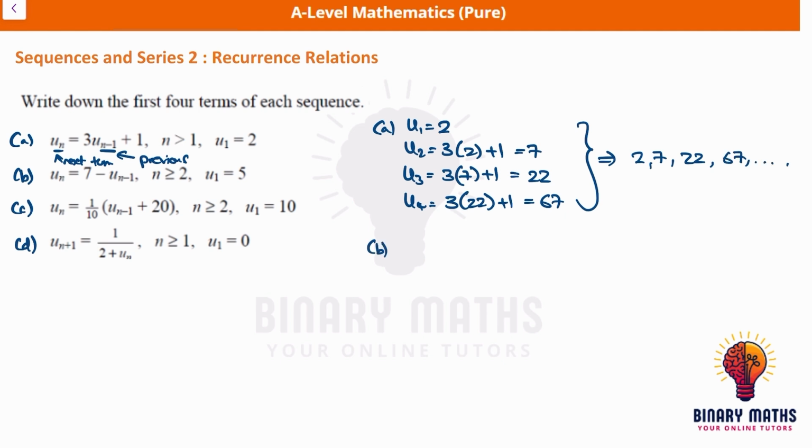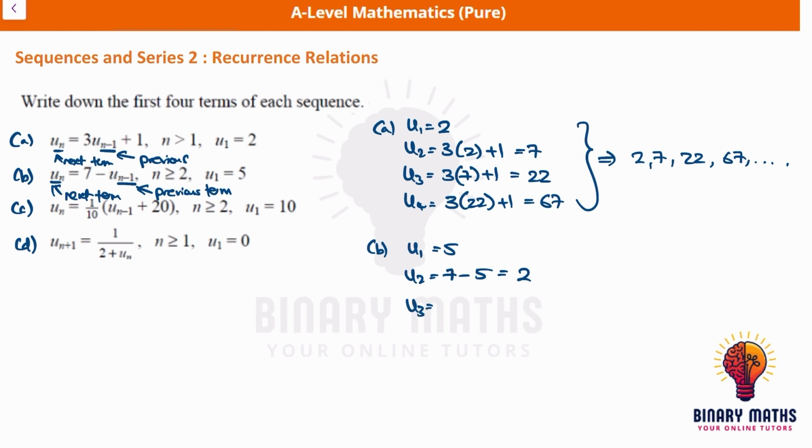Okay, B. So we've got u_n and u_(n-1). So this is the next term, and n minus 1 is the previous term. In this case, you have u1 is equal to 5. So to get the next term, you do 7 take away the previous term. So u2 will be 7 take away the previous term, which is 5, which gives you 2.